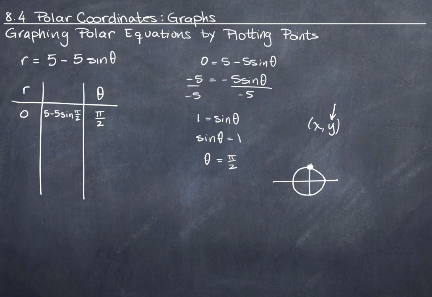But I didn't need to. I just used a little bit of algebra instead. You may find that there is more than one 0 in some of these graphs, so keep that in mind. If the equation that you're solving over here has two solutions, then there are two angles for which the radius is 0. That can happen.